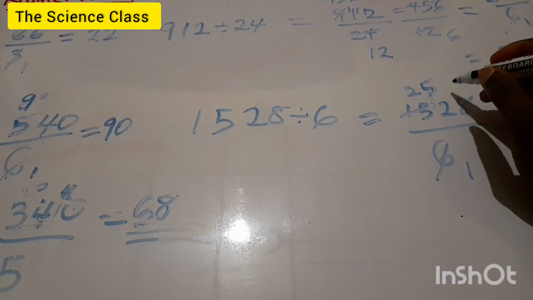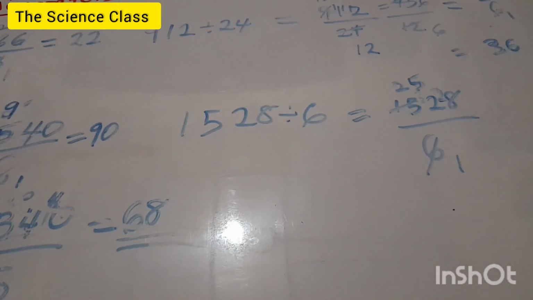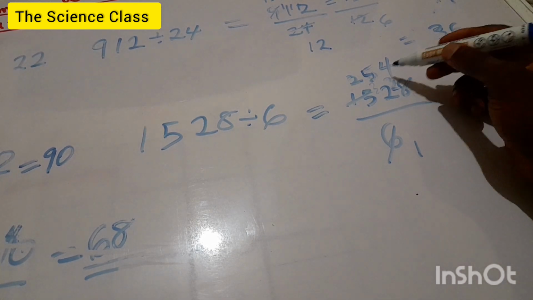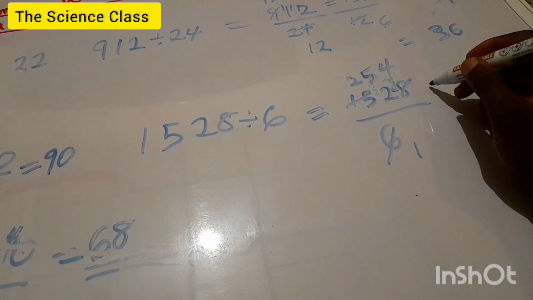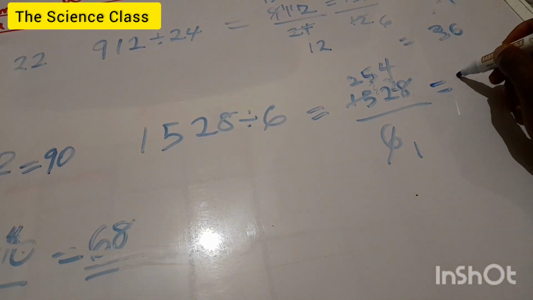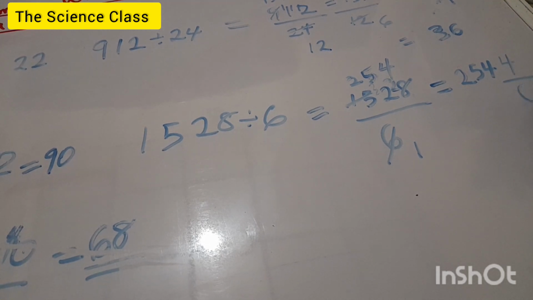So the 2, you put in front of this 8 here. 6 in 28 gives us 4. Then 6 times 4 is 24. 28 minus 24 gives us 4. So we're going to be having 254 whole number 4/6.